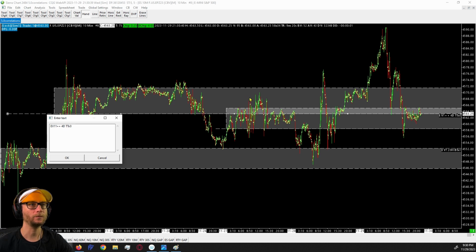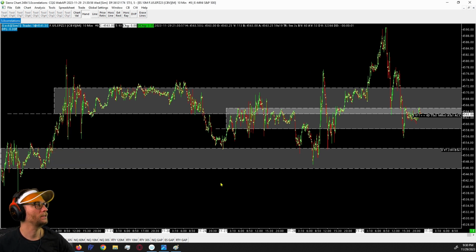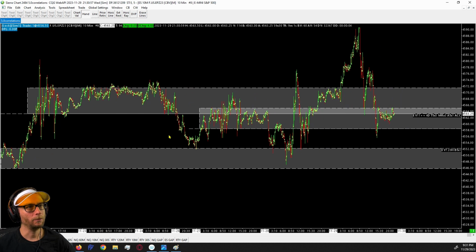It mid-rolled 1, 2, 3 times. So it'd be MR3, and then it hit the other side. It almost went to target once. And it is chopping in there, so it is accepting. So that's kind of what that tag means. So the bigger the tag, the more the numbers, the better it is. And it gives me information about what's going on.